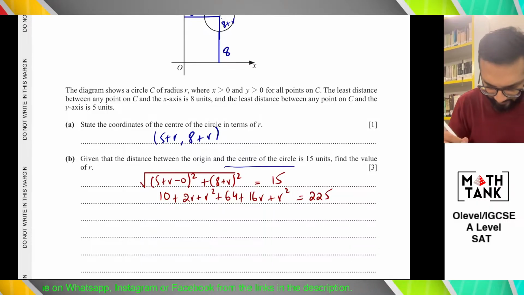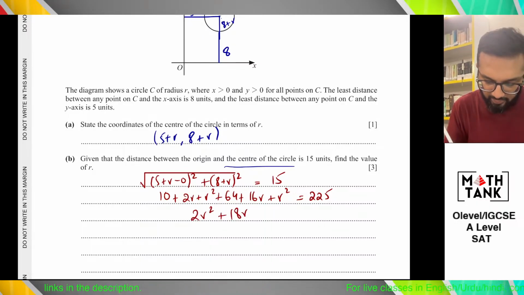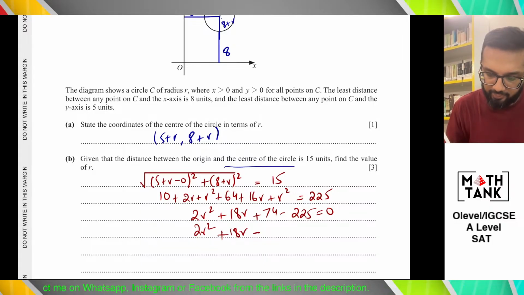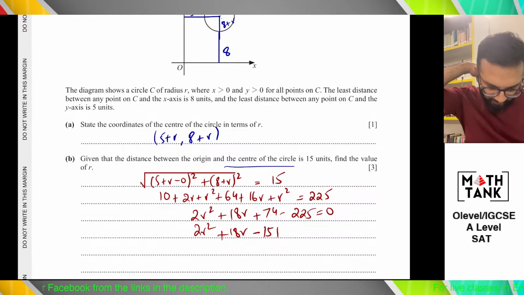I've squared both sides. Okay, so this gives me 2r squared plus 18r plus 74 minus 2r squared plus 18r. Sounds like a weird number, but let's see.